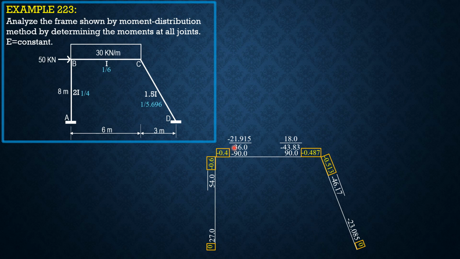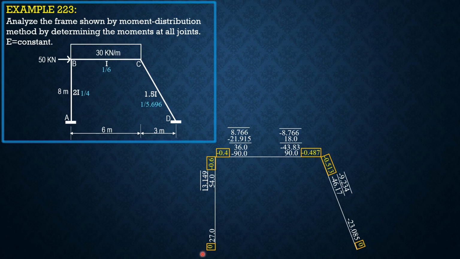Distribute negative 21.915 times negative 0.4, then negative 21.915 times negative 0.6. Then 18 times negative 0.487, negative 8.766, and 18 times negative 0.513, negative 9.234.